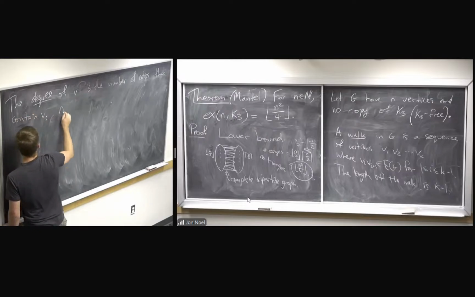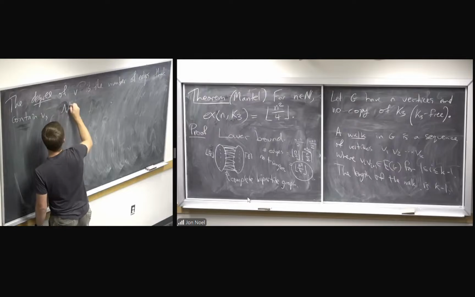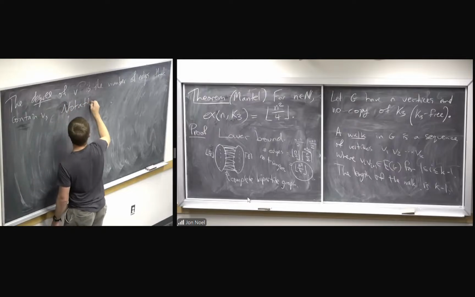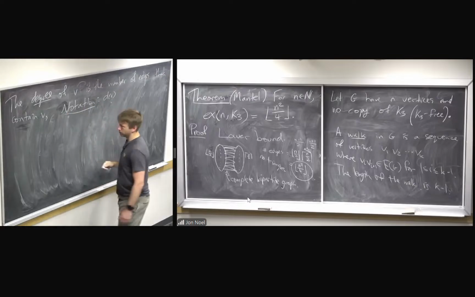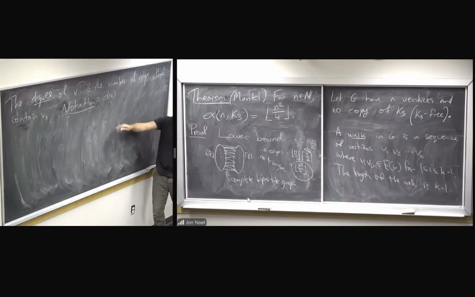And the notation we're going to use is d of v, unless at some point in the course I just randomly switch to deg of v. I don't know. I mean, both of these things are pretty common.